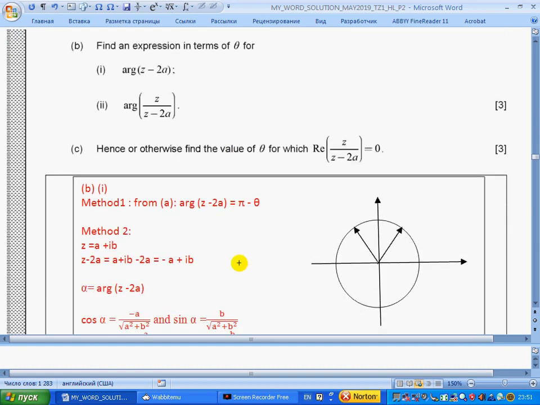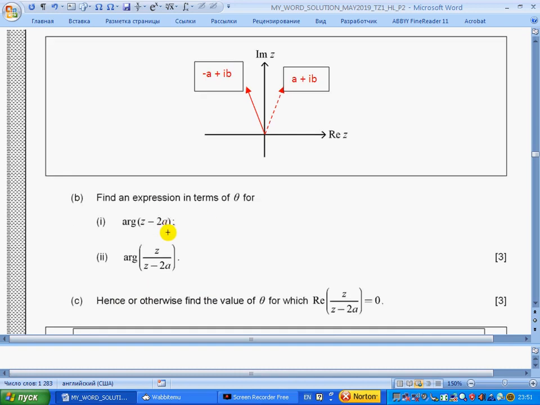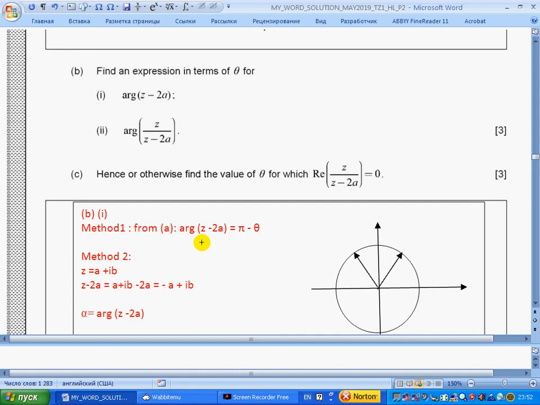Find the expression in terms of theta. The argument of z minus 2a is, if this is theta, this angle pi minus theta, so this angle. So this is method 1 from the graph.